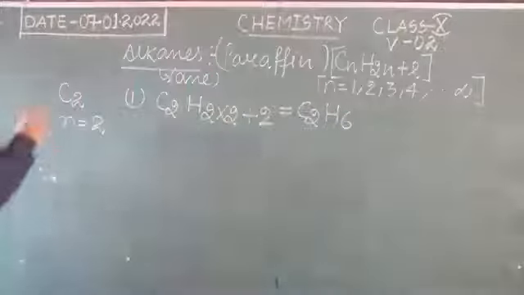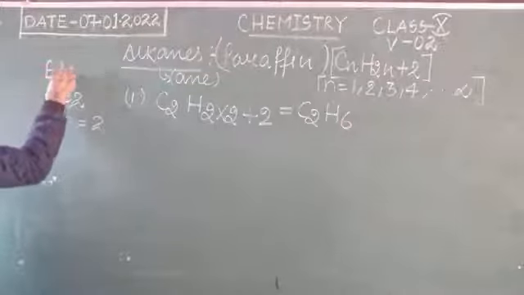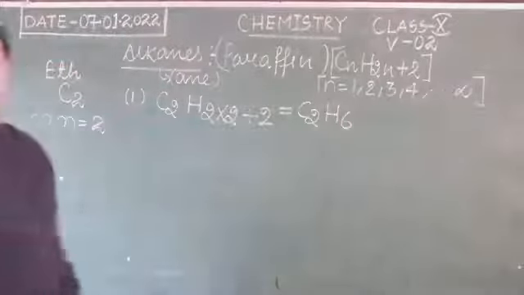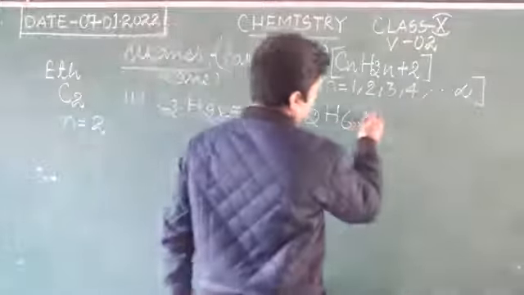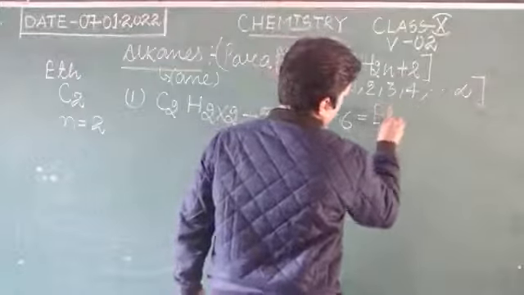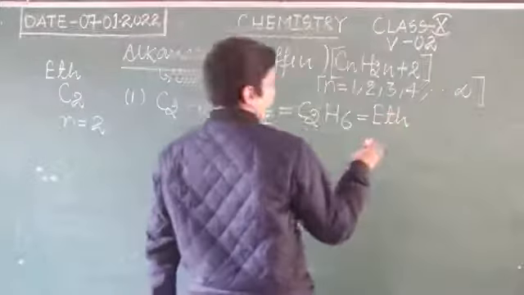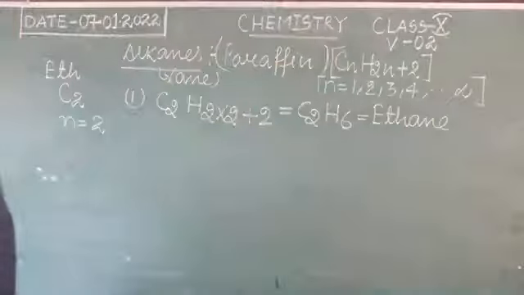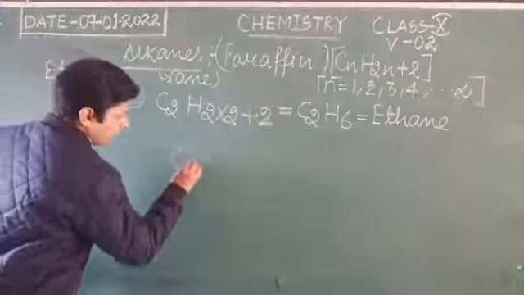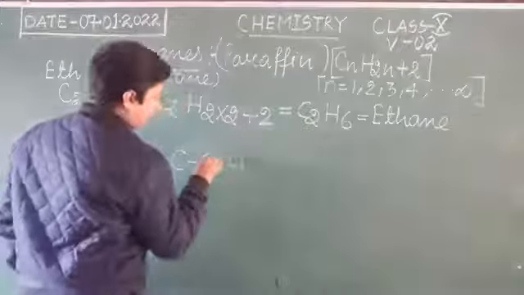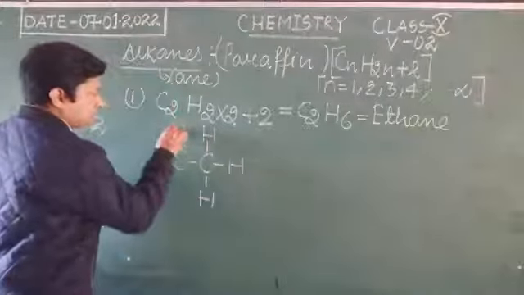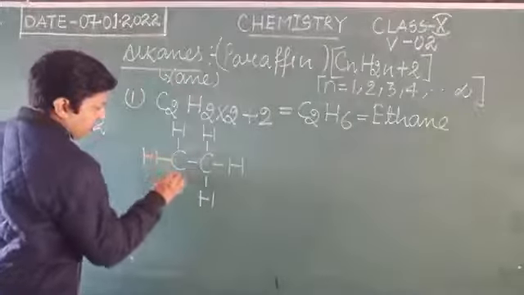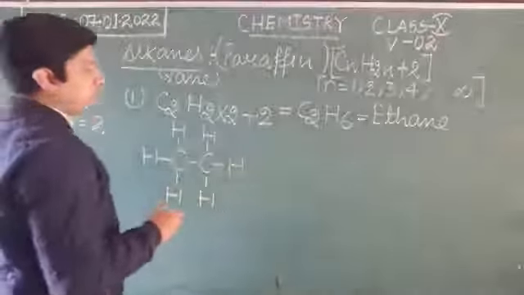For 2 carbon atoms, we use the word eth. And when we add ane as suffix, it becomes ethane. In ethane, the 2 carbon atoms are bonded with a single covalent bond, and the rest of the places get occupied with hydrogen atoms.